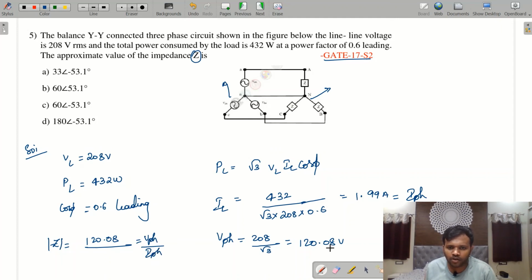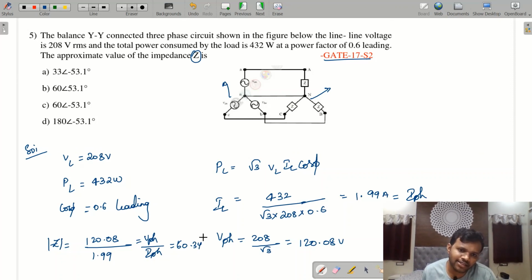So 120.08 divided by 1.99, how much will we get? 60.34, okay. So we have options B and C with the impedance magnitude as 60.